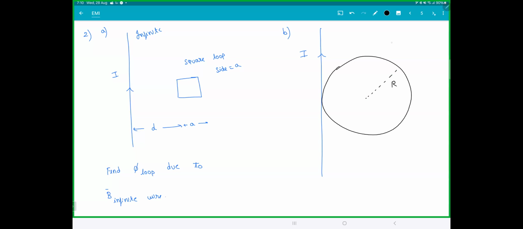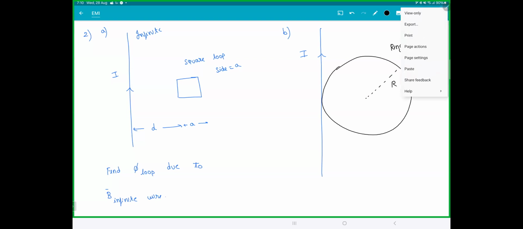The ring is touching that infinite wire. Find the flux in this also. First was easy. You got the first one, go for the second one.